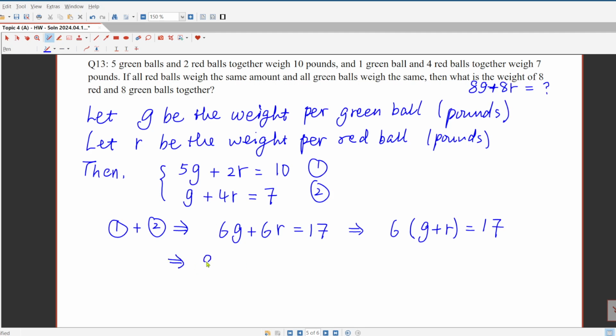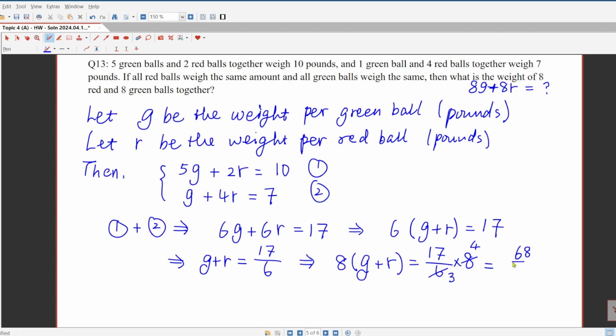And this gives us G plus R equals 17 over 6. And remember, we want to find 8 times G plus R. That means we can multiply both sides by 8. So 8 times G plus R equals 17 over 6 times 8, which can be simplified to 68 over 3, right?